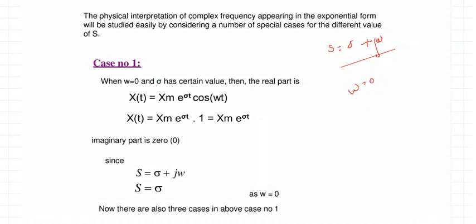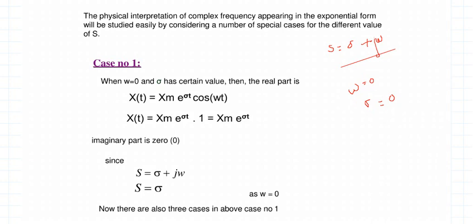Now I'll move on to the next case. What is my next case? My next case is when I take sigma to be 0. And in the third case, I will take both omega and sigma to be 0.